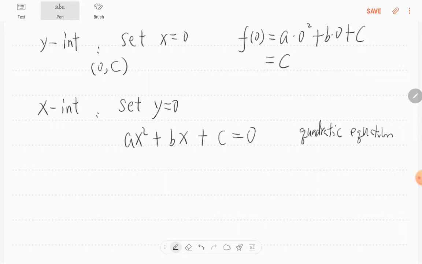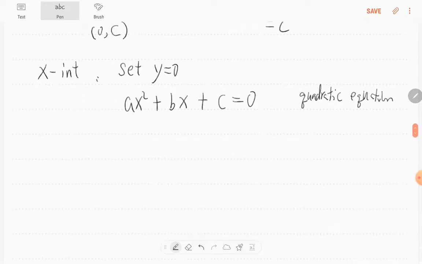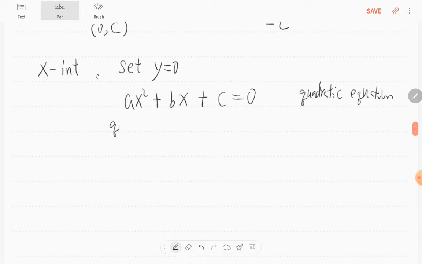So how to find the roots of the quadratic equation? One way is factorization. The other way is called the quadratic formula. We use the quadratic formula to find the root x values.